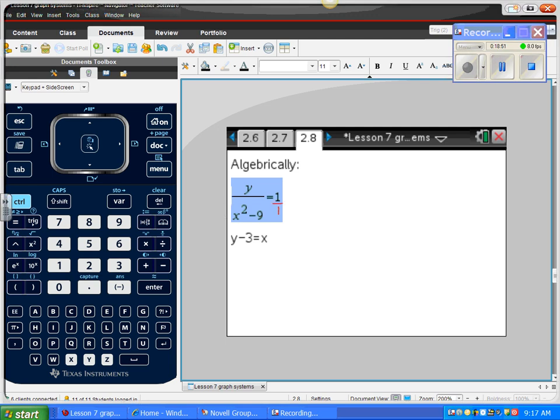What do we generally do? We generally cross multiply. If I cross multiply, what do I get? You get y equals x squared minus y. Beautiful. Okay. So now I have a y equals, and I have a y minus 3 equals x.